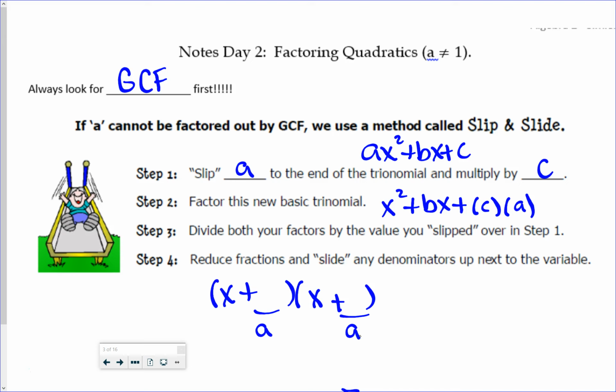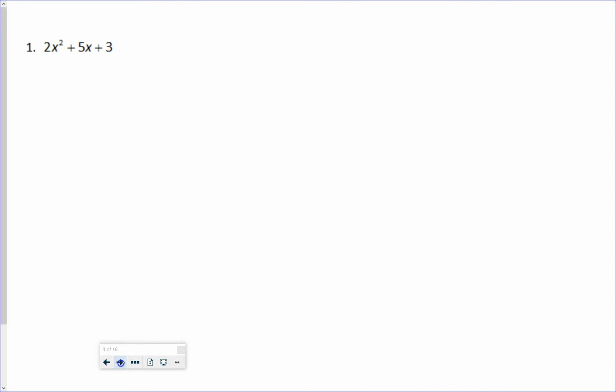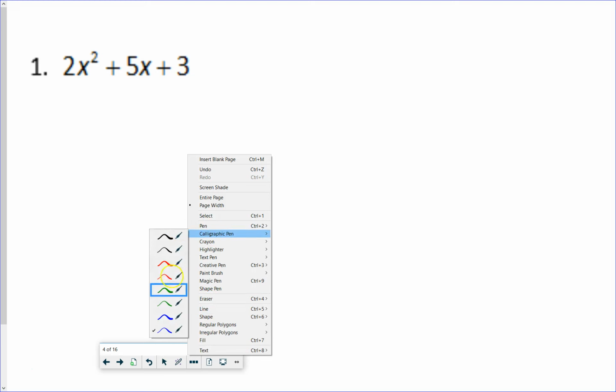Okay? Ready for the first one? Too bad. All right. Let me make this a little bit bigger for you guys. So we have 2x squared plus 5x plus 3. Is there a GCF for this problem? No, there's nothing I can divide out. So we're going to have to go to our slip and slide method.